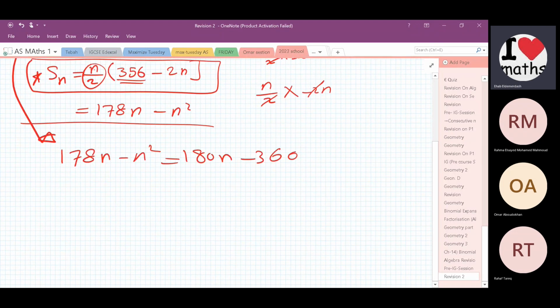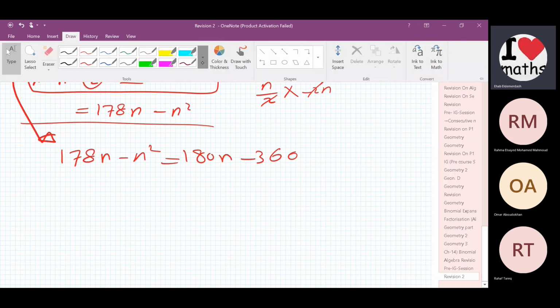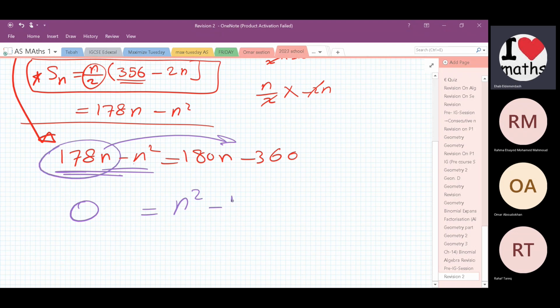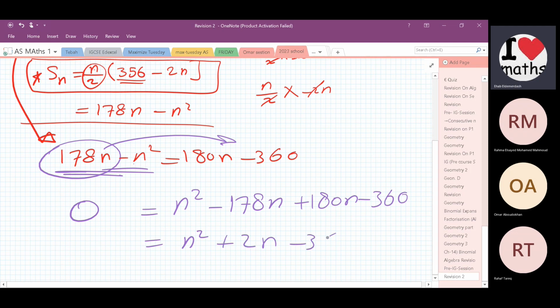We took this to the other side: 0 equals negative n squared moves to the right side and becomes positive, and 178n goes with a negative sign, plus 180n minus 360. So the answer will be n squared plus 2n minus 360, equal to 0.